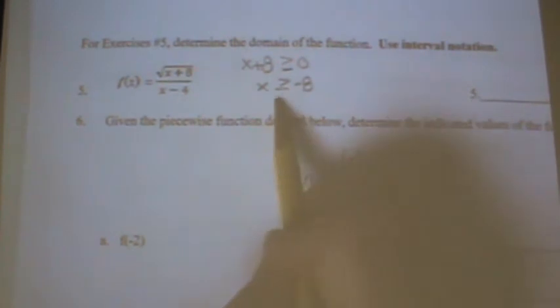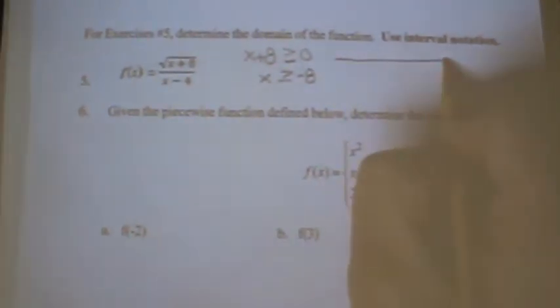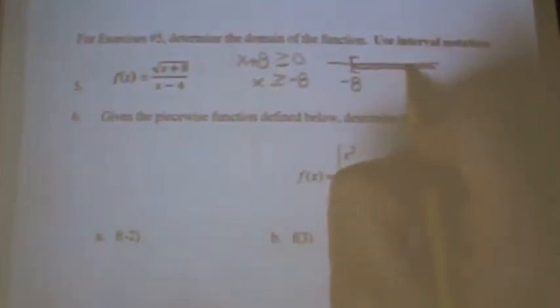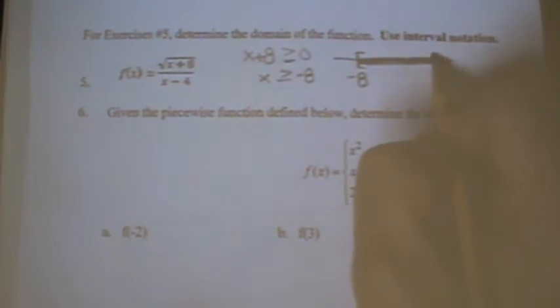So we would subtract 8. So in the numerator, the only numbers we could use are numbers from -8 and greater. That's our pool of numbers. So our domain are -8 and greater.